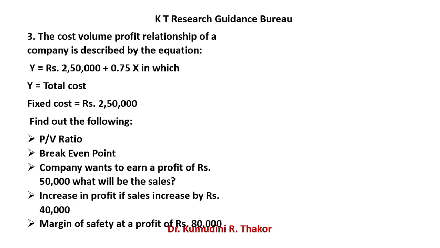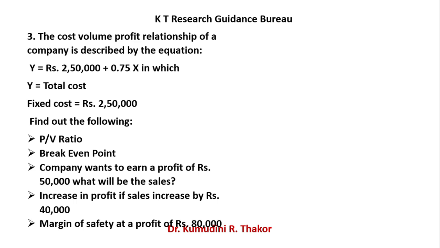So obviously we are the students of commerce. We know total cost is equal to fixed cost plus variable cost. Fixed cost is given, 2,50,000. So obviously the remaining portion is for variable cost, and your variable cost is 0.75, which means 75%.